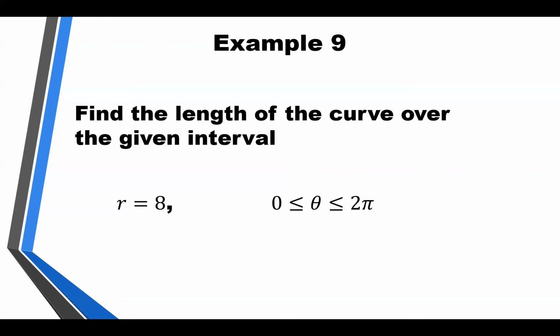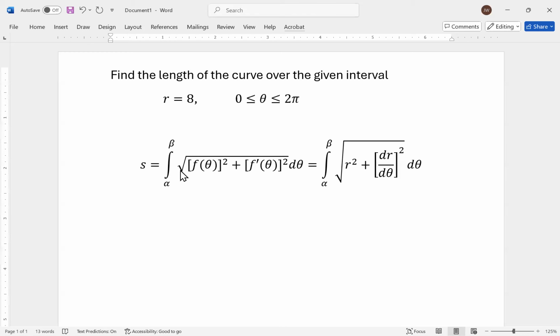My function is r equals 8 in polar form, and my interval goes from 0 to 2 pi. That is, theta goes from 0 to 2 pi. I don't even need to graph it right now. The big formula looks like this.